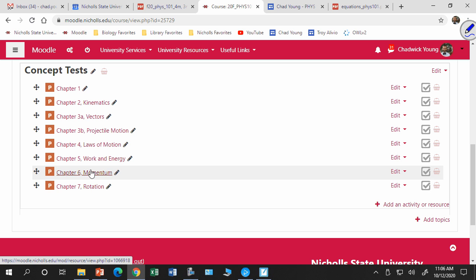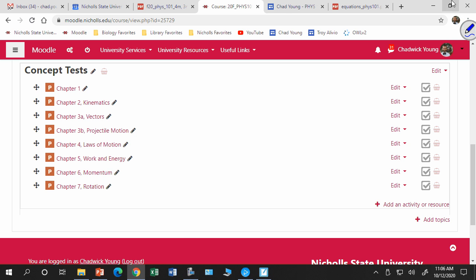Download 5 and 6 and look through those. You'll see that a lot of the conceptual questions actually come from these. Some of them don't. Some of them are different. But a lot of them do come from that. So that's a great way to study the conceptual questions, is to download those concept tests and practice them. They're in the back of your book, too. They're not the answers. The answers are on these.